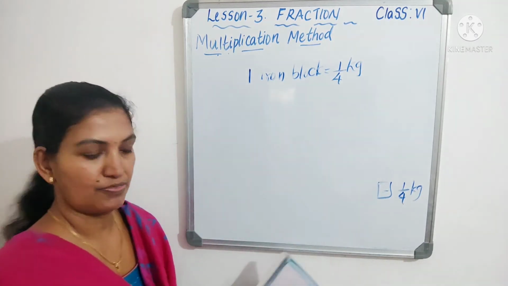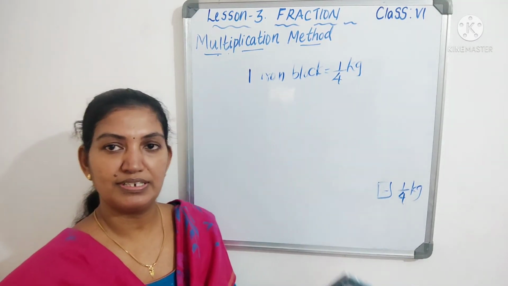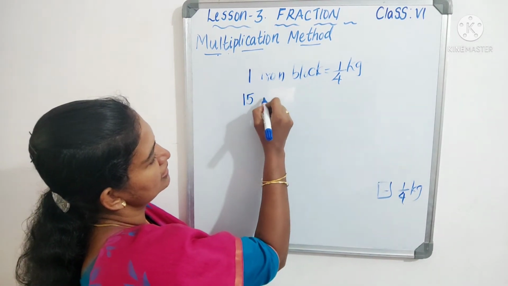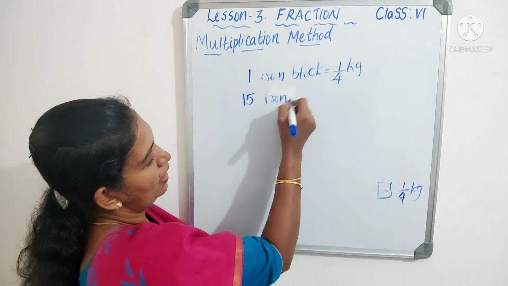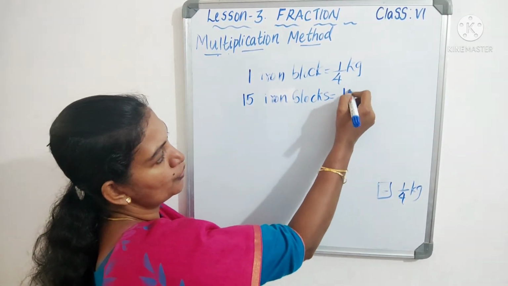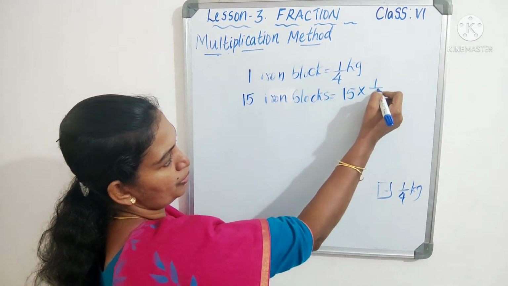Then we have to find the weight of 15 such iron blocks. So the weight of 15 iron blocks is equal to 15 into 1/4.